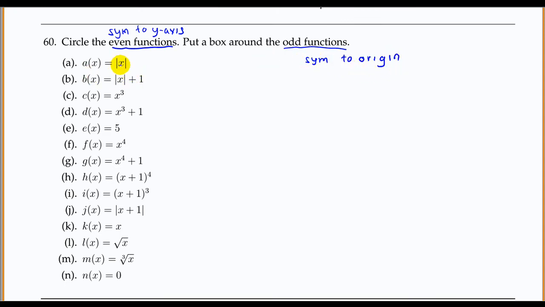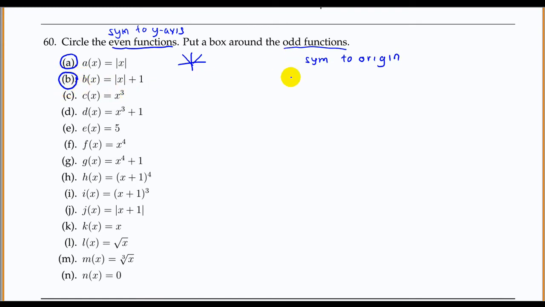So here, absolute value of x, the graph looks like that. It is symmetrical to the y-axis, so it is an even function. So we circle it. And if we shift 1 unit upward, it is still symmetrical to the y-axis. So this is still even.